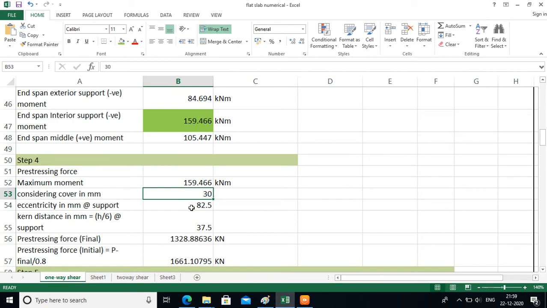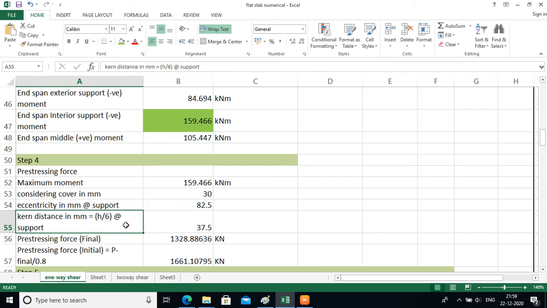So how do we get that eccentricity? Total thickness divided by 2 minus the cover will give us the eccentricity. And then the kern distance. How do we get the kern distance? The kern distance for a rectangular section is h by 6.